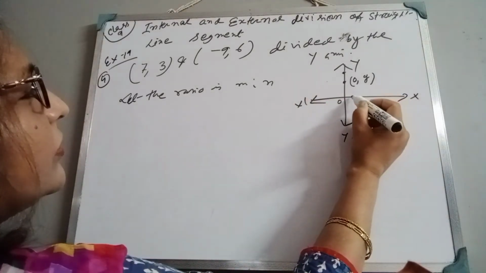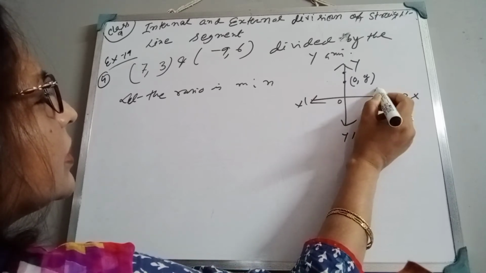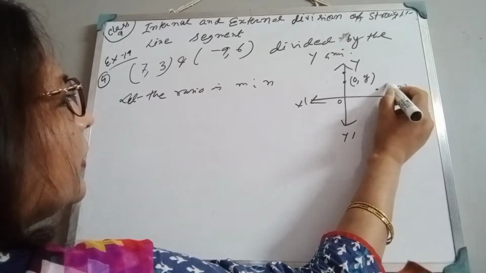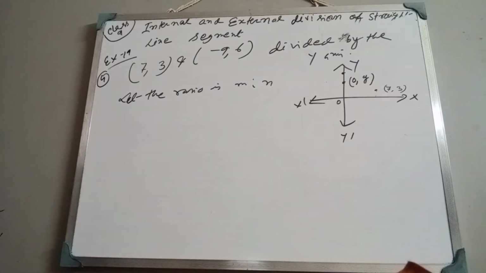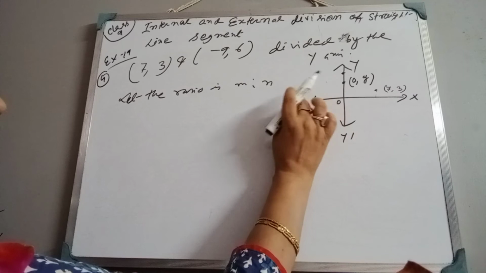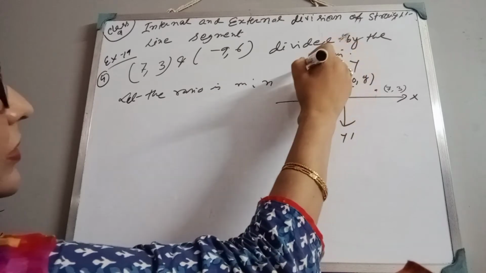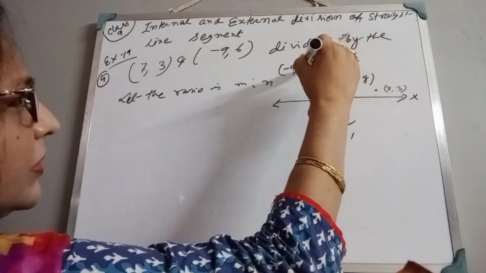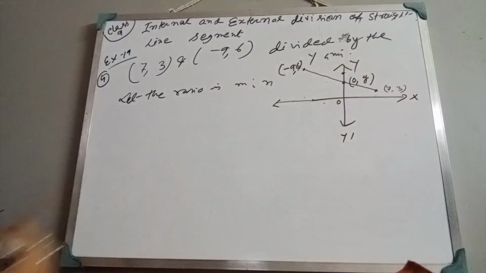Another is minus 9, 6. These are the 2 points, minus 9, 6 and 7, 3.